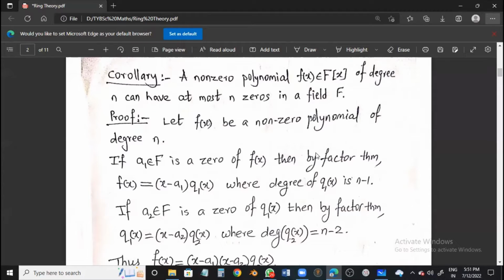How do we prove it? So suppose f of x is a non-zero polynomial. Suppose its degree is n. And we want to say that it has at most n zeros. If it does not have a zero, I don't have any problem. So we start with how many zeros are there. Once again, concentrate on my statement.